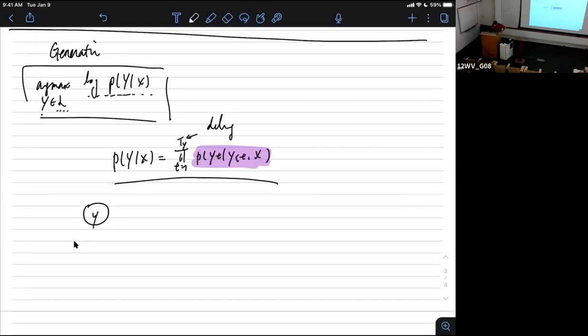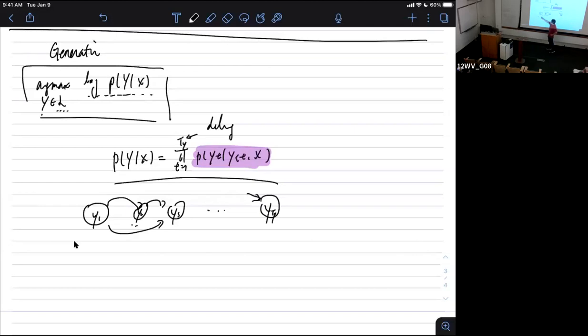So each and every one of these is a random variable all the way until y_T. And then we're saying that y2 is conditioned on y1, y3 is conditioned on y2 and y1, and y_T is going to be conditioned on everything before. And then in this particular case, we know how to sample from this distribution exactly. And that's called ancestral sampling.